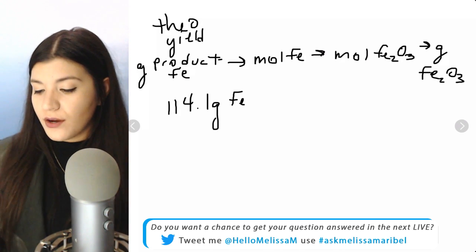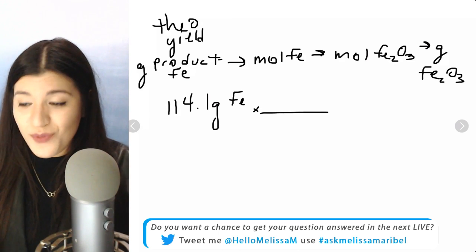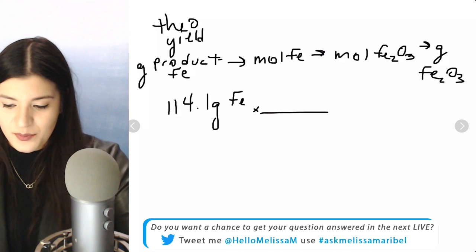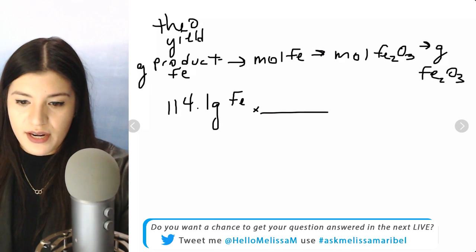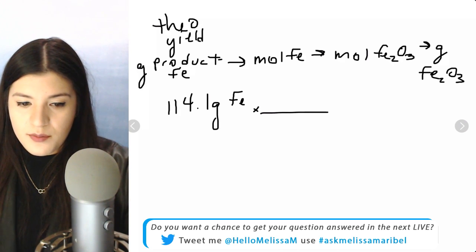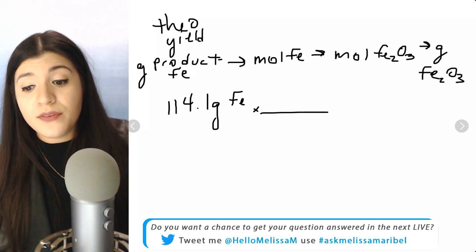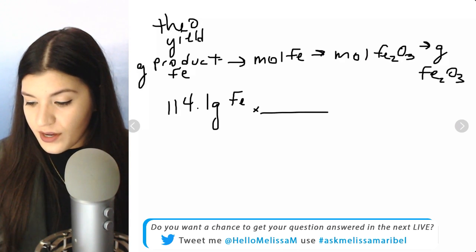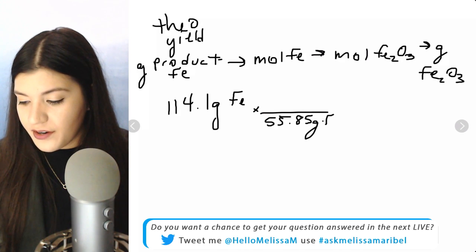Okay. So let's start off with converting this to moles. Let me grab the molar mass and everything. Okay, so we found previously that our molar mass of iron was 55.85 grams of iron per every 1 mole of iron.